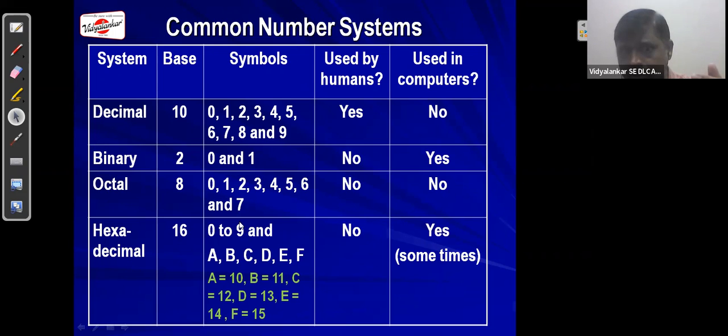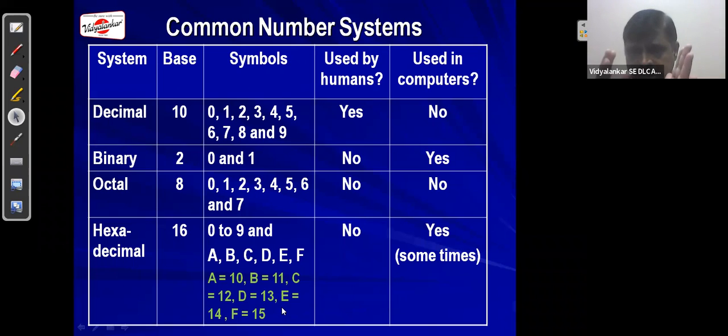These are 10 different symbols, 0 to 9, and we use the alphabets A, B, C, D, E, F, such that A represents value 10, B represents value 11, C represents value 12, D represents 13, E represents 14 and F represents 15.